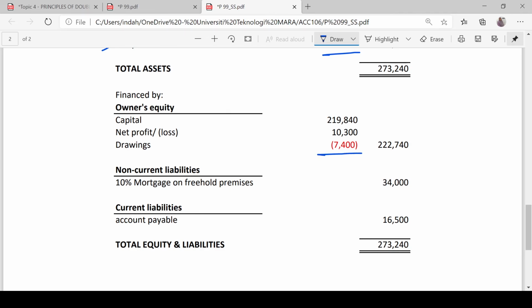Net profit, this amount is transferred from the statement of profit or loss, and then minus the drawings. Then non-current liability, we have only one item, the 10% mortgage, and current liability, we have only one item, account payable. So the total equity and liabilities is 273,240.